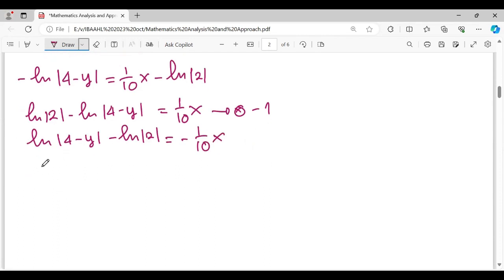So it's going to be ln of (4 minus y) over 2 equals minus x over 10.